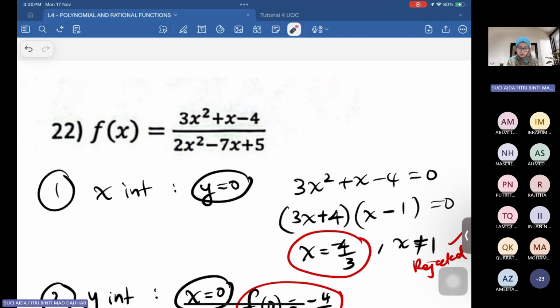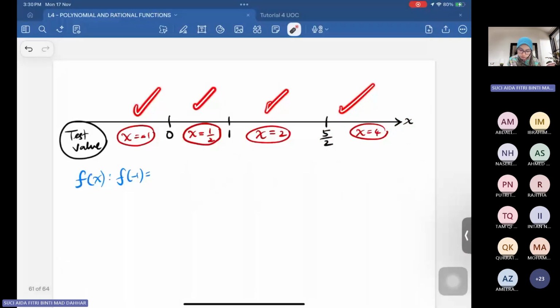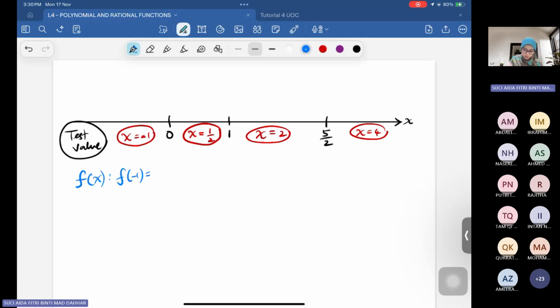Then calculate. Now let's start with the first test value, x equals to negative 1. So what will you get? I got f(negative 1) is equal to negative 1 over 7. So the sign here is negative.